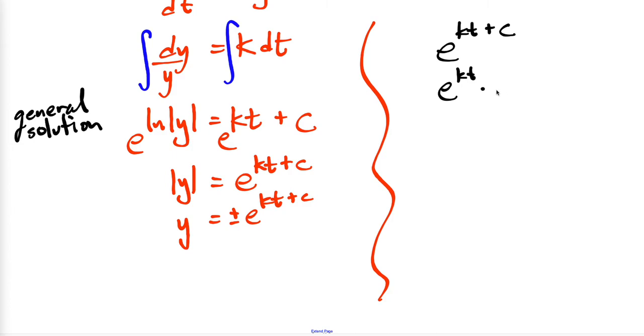If you have two of the same base being multiplied, you can add their powers together. So we're doing this in reverse. We're taking one that had a power that was added and writing it as multiplication instead.